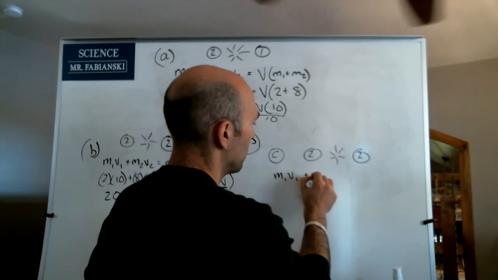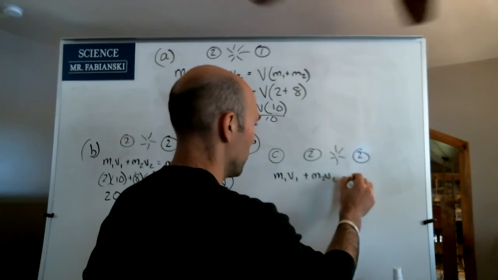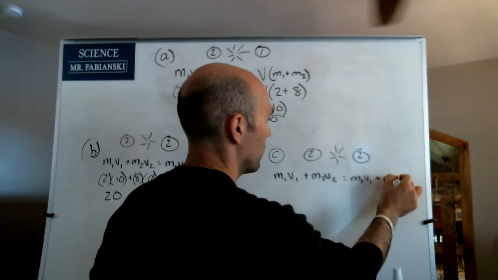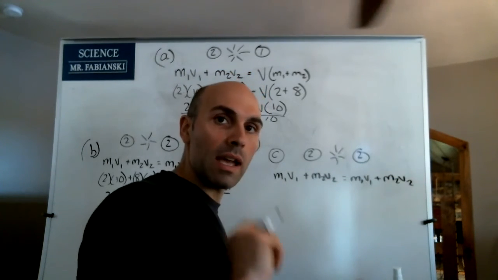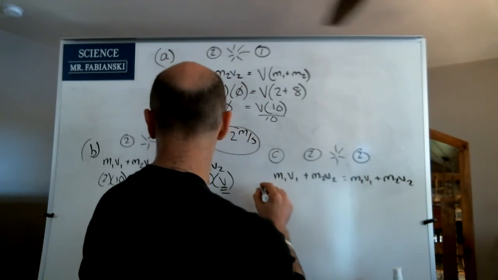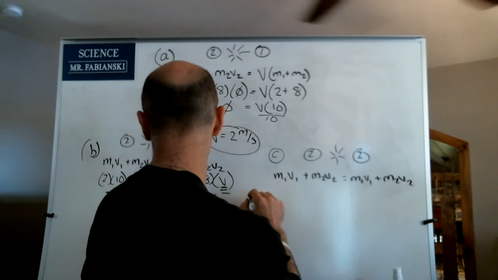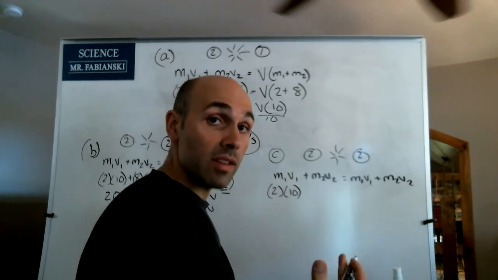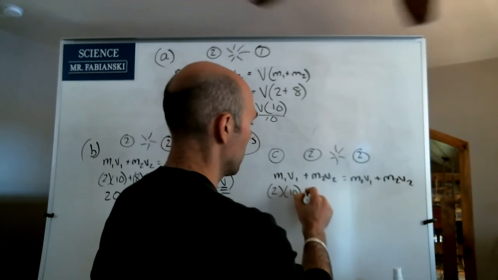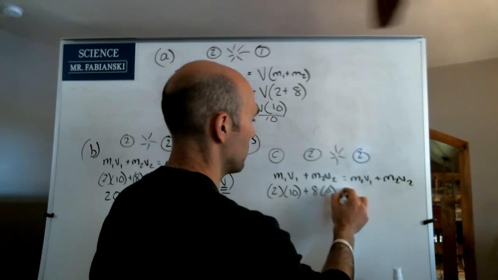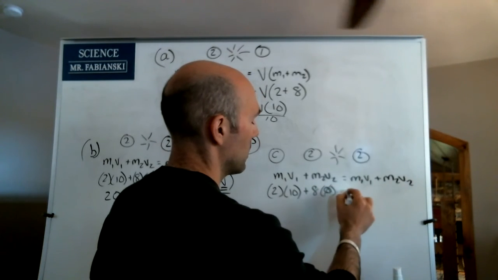So M1 V1 plus M2 V2 equals M1 V1 plus M2 V2. Okay, guys. Let's plug in our numbers. Let's see. 2. We're starting off the same way again. Plus 8 times 0, right?